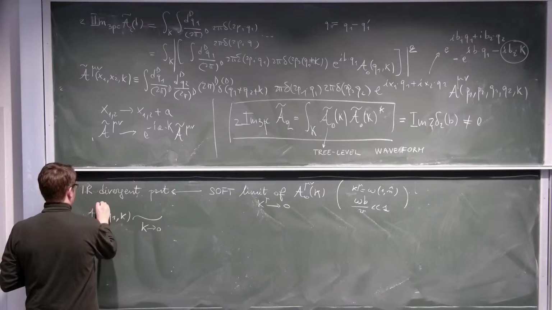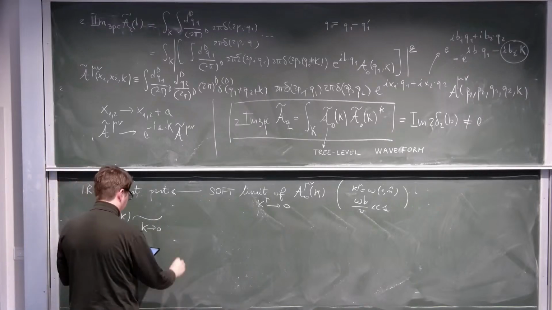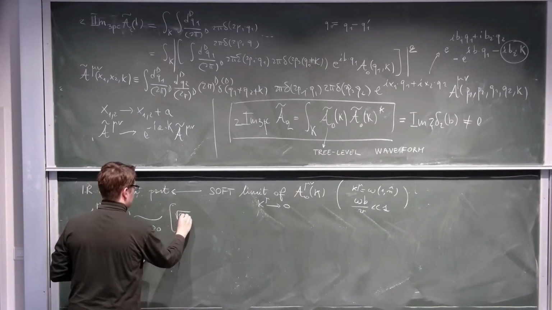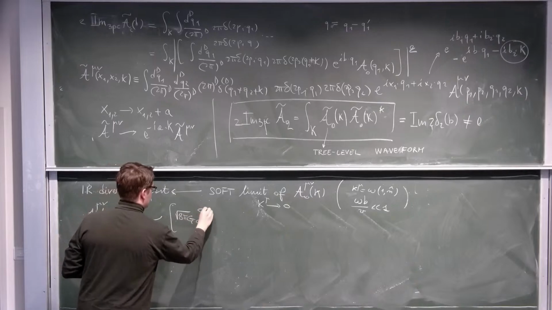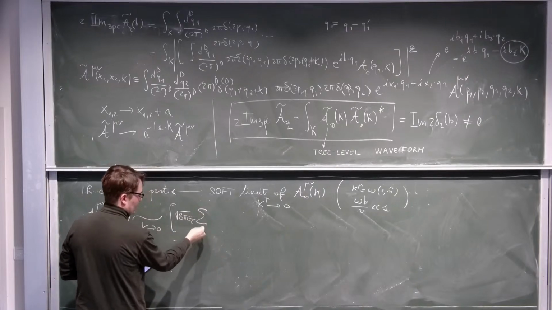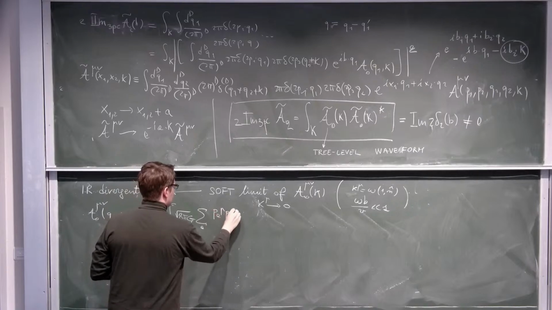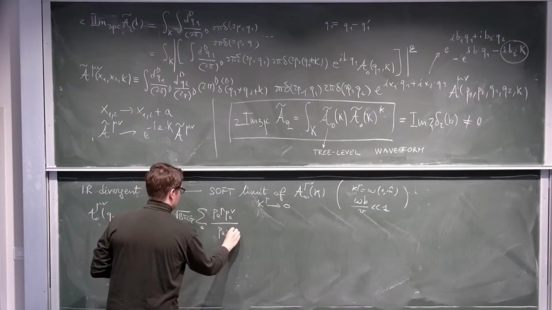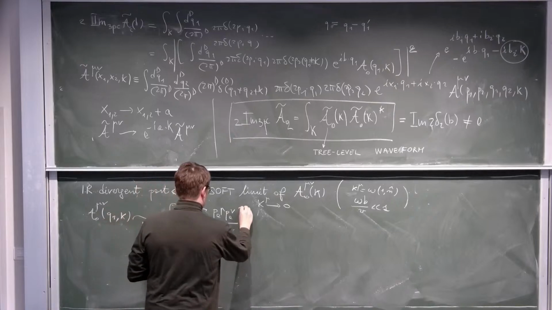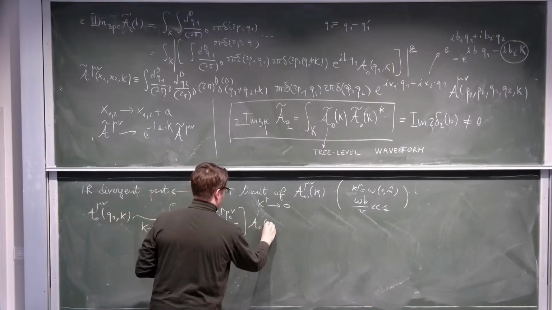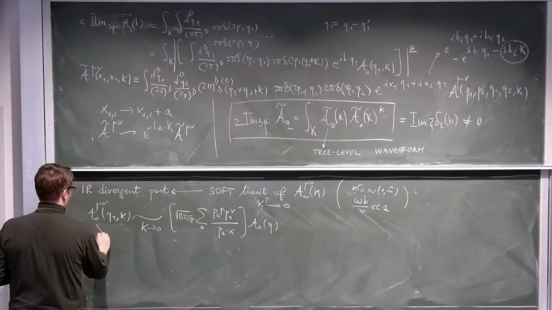So the 2 to 3 amplitude is given by a factor where the sum runs over 1, 2, 3, and 4, times the 2 to 2 amplitude without graviton, so pictorially.